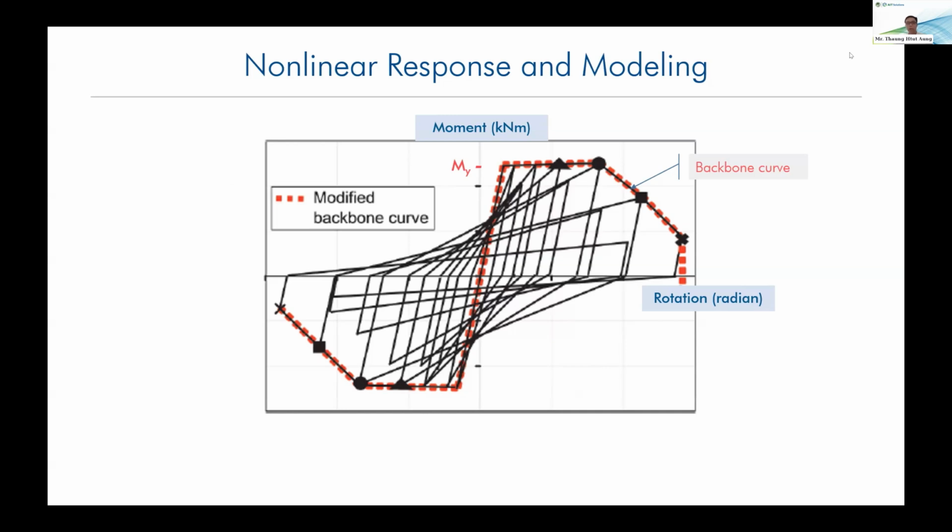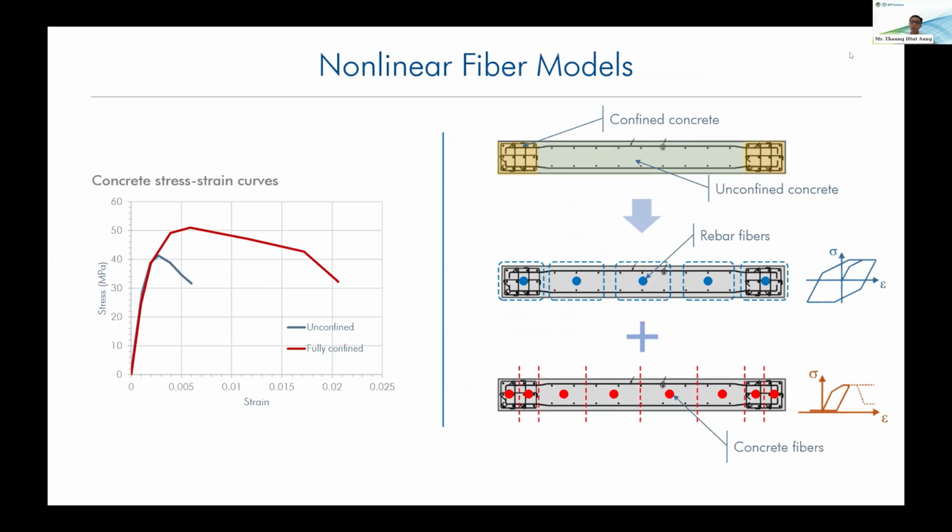We do not know. We cannot estimate it reliably for cyclic loading. So normally these backbone curve parameters are obtained from cyclic loading tests. So we use the ASCE 41 parameters in the nonlinear analysis.